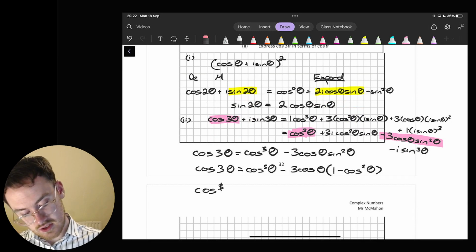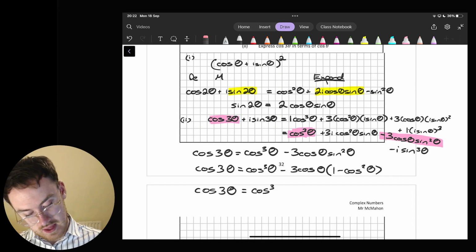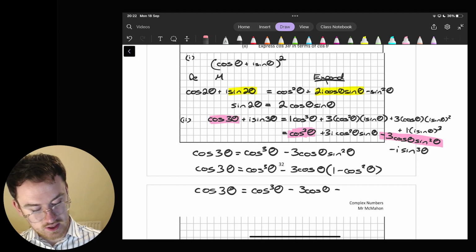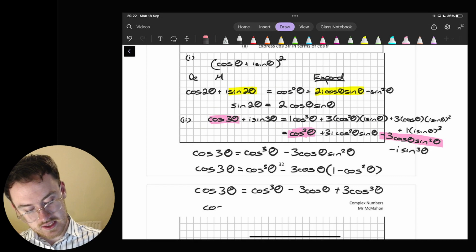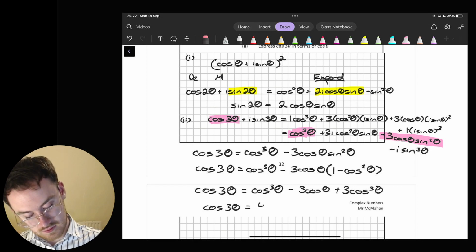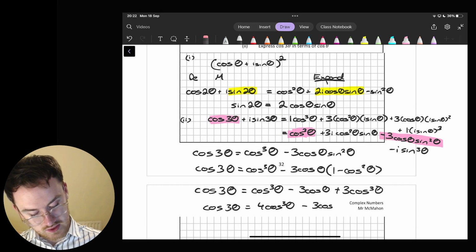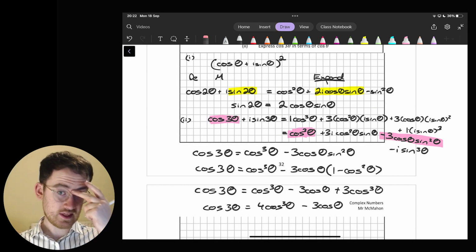Then we can simplify and hope that we end up with the same format they are looking for. Simplifying the right hand side, we get 4 cos cubed theta minus 3 cos theta, which is the format they were looking for.